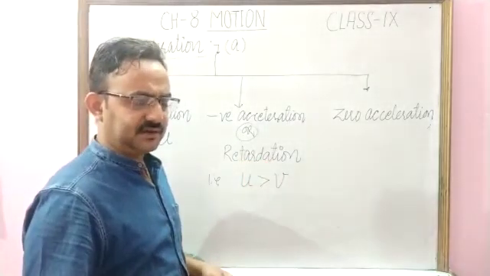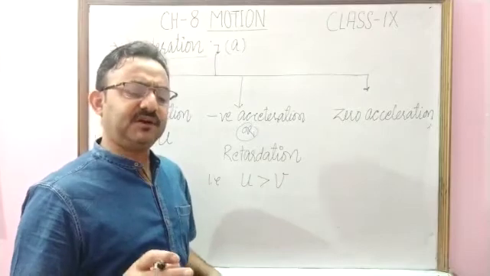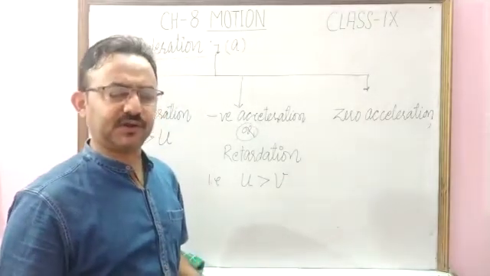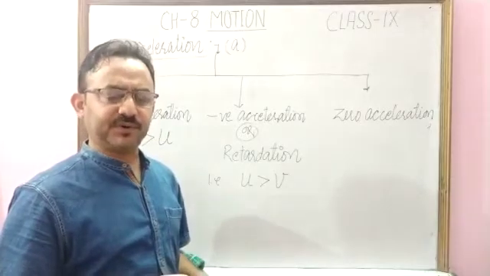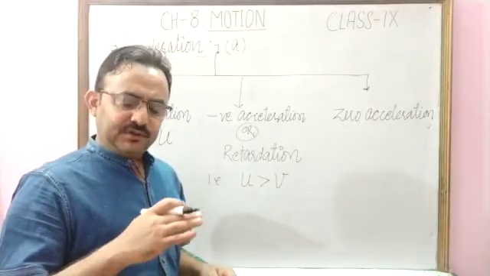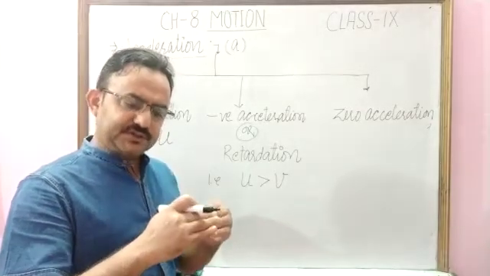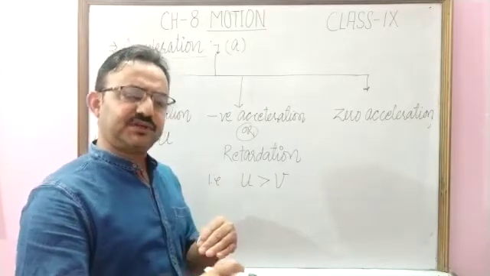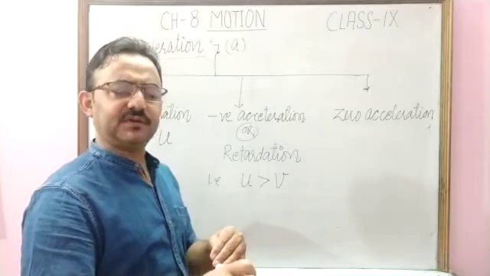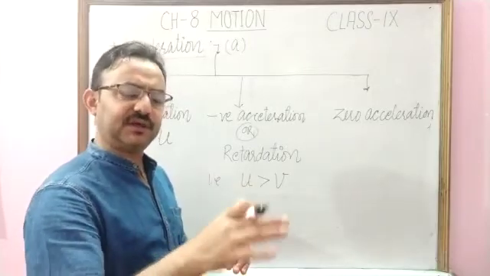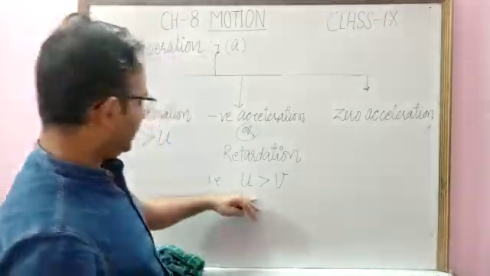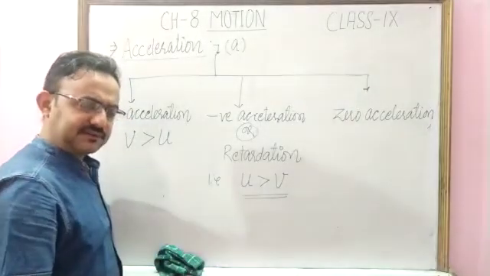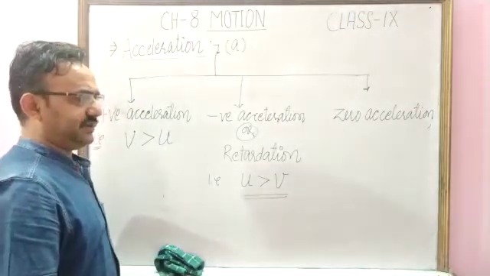Example is here, when a driver applies the brake on a moving vehicle, then what happens? The velocity of the moving vehicle decreases, means final velocity has a smaller value than initial velocity. That is known as negative acceleration or retardation.